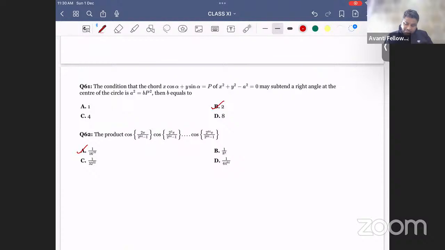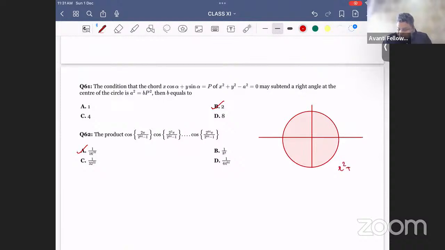Now come to this question. The condition that the chord x cos alpha plus y sin alpha equals p subtends a right angle at the center of the circle is this. Now see, the circle is x square plus y square equals a square. You are trying to find the condition such that this chord subtends a right angle at the center.